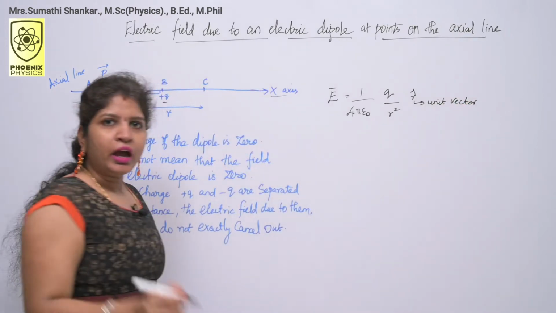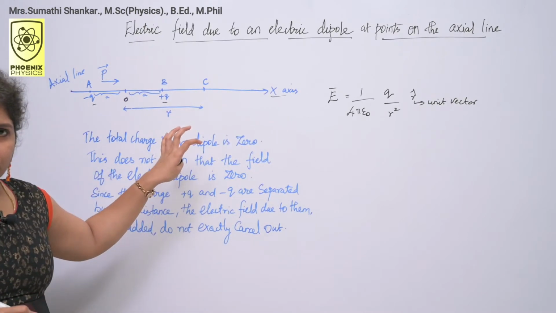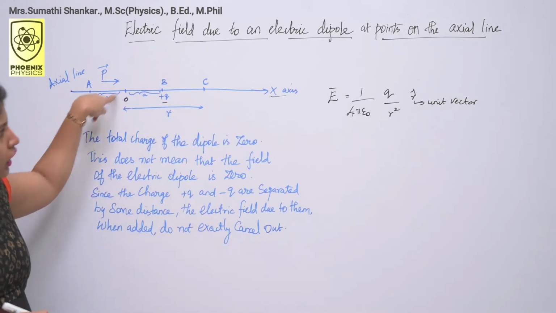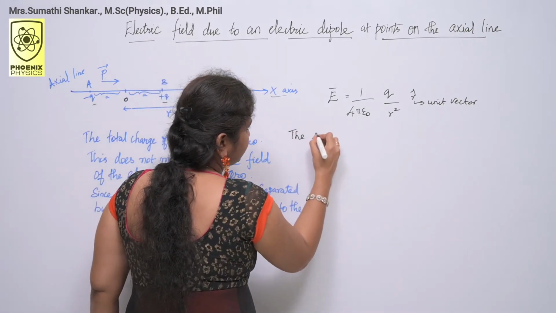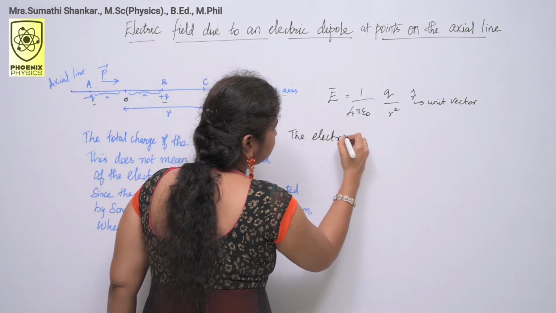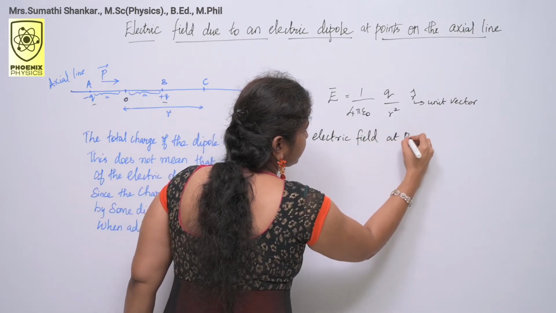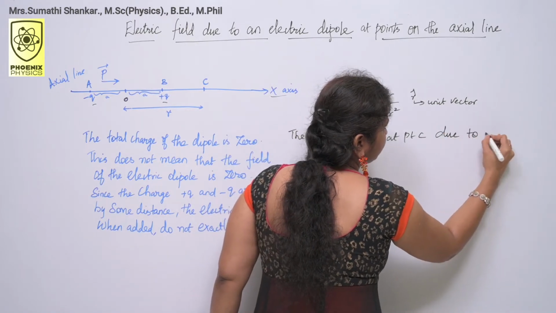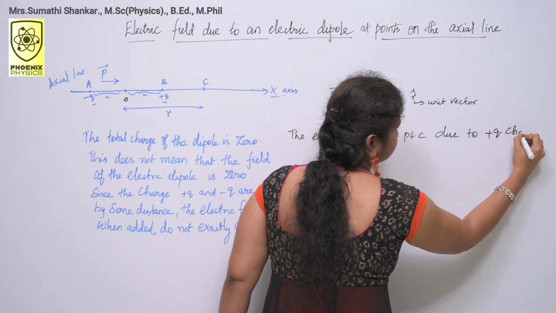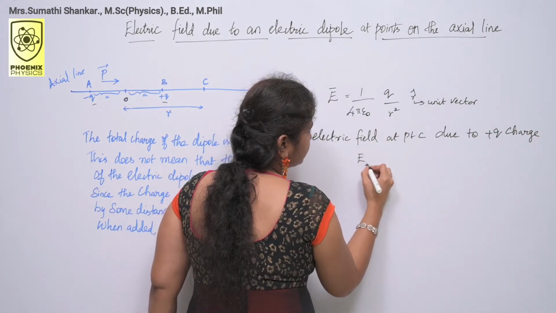Same way, I am going to calculate the electric field due to the dipole at point C. So, how do you write the electric field at point C due to plus Q charge? Say this is E plus.